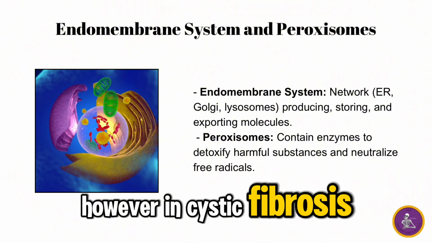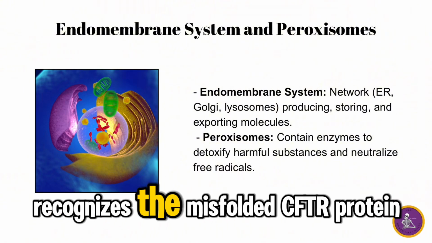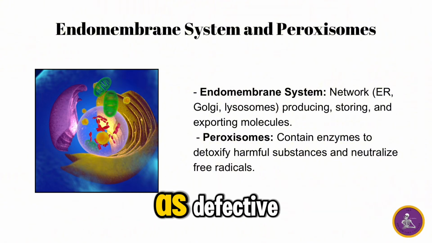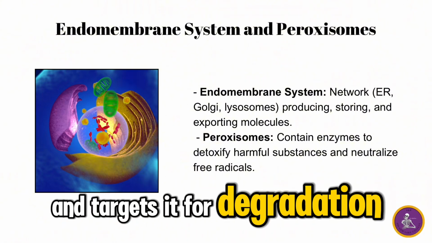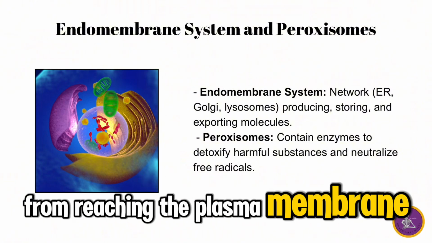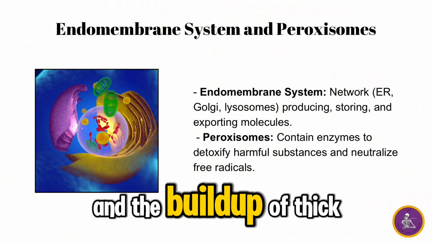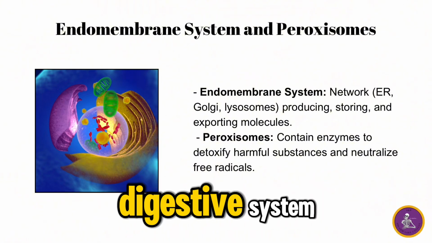However, in cystic fibrosis, the ER's quality control system recognizes the misfolded CFTR protein as defective and targets it for degradation. This prevents the CFTR protein from reaching the plasma membrane, leading to defective chloride ion transport and the buildup of thick mucus in the lungs and digestive system.